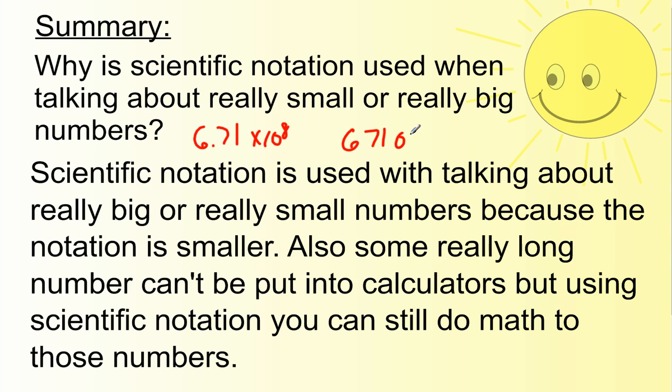If we're talking about the distance from Earth to another planet, or our sun to another star, we're talking about sometimes billions, trillions, even larger amounts of miles. Or if you're talking about the size of an atom, something that's very, very small, it doesn't make sense to write out all those zeros every single time.